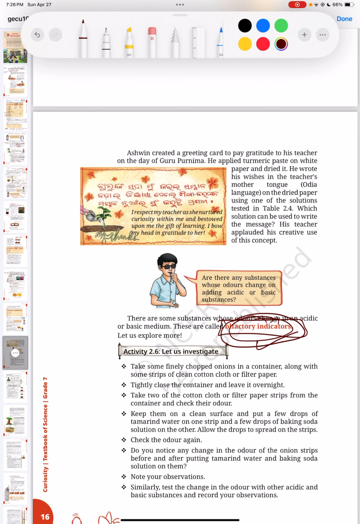What these olfactory indicators do is that on reaction with acid or basic substances they release a certain kind of volatile gas, and that volatile gas is something that you can smell and then tell whether the substance is acidic or basic.